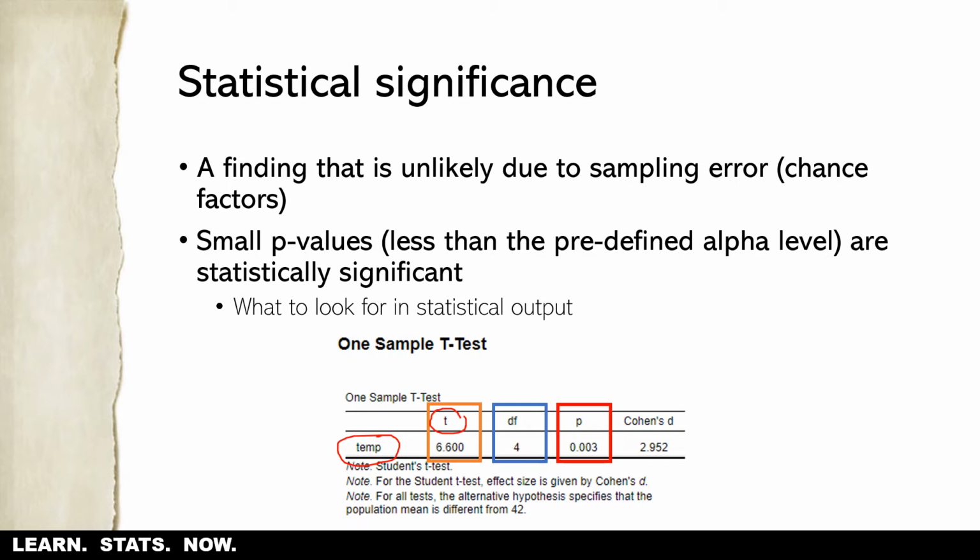And you'll notice that in this case, that p-value is really small. It's less than 0.05. So we would reject the null hypothesis, okay? And then the last column is Cohen's d, and this is a measure of effect size. I won't go into how that's calculated right now, but it is a measure of the magnitude of the overall effect of the independent variable on changes in scores in the dependent variable.